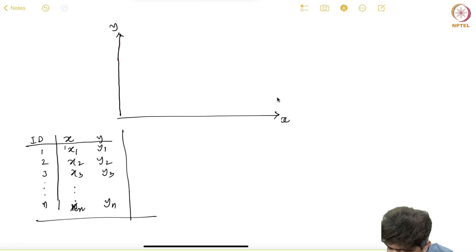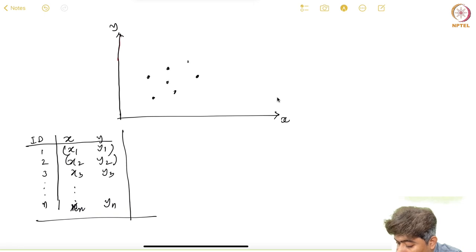I will take the tuple x1, y1 and plot it somewhere here, then x2, y2 here, then x3, y3 here, maybe x4, y4 here. In this way we plot them on the Cartesian plane.